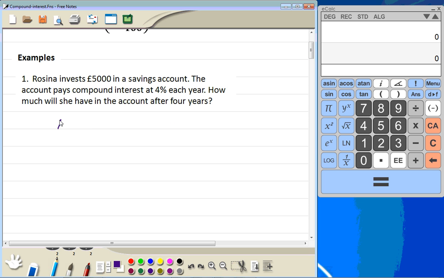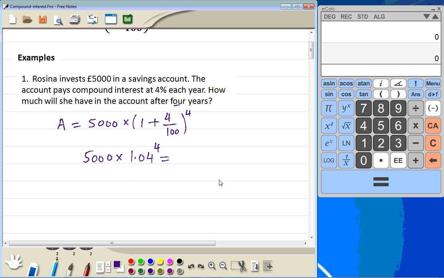So the amount is going to be 5,000 times 1 plus the interest rate 4 divided by 100, then it's raised to the power 4. Now 1 plus 4 divided by 100 is 1.04, so we just write that, 1.04 raised to the power 4.